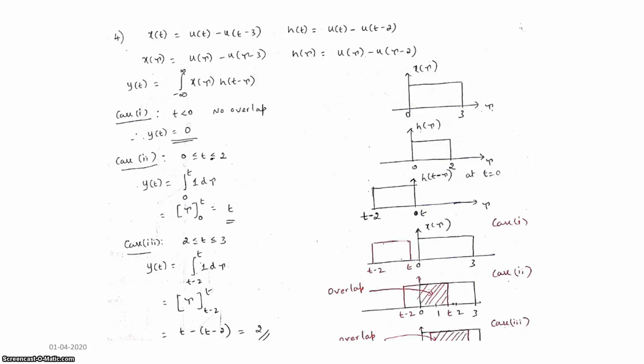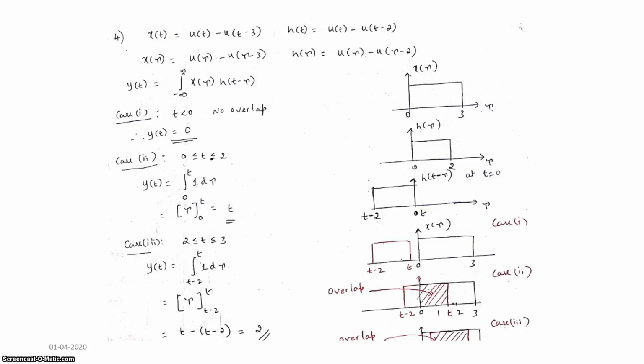So we'll combine that, we'll get t is in between 0 and 2. You can observe there is an overlap between the two signals. The overlapping region is from 0 to t. So I'll substitute in the limit. So I'll get y of t is equal to the integral from 0 to t. What is the amplitude? Amplitude of both the signals is 1. So if I integrate that, I'll get tau. So the answer is t.